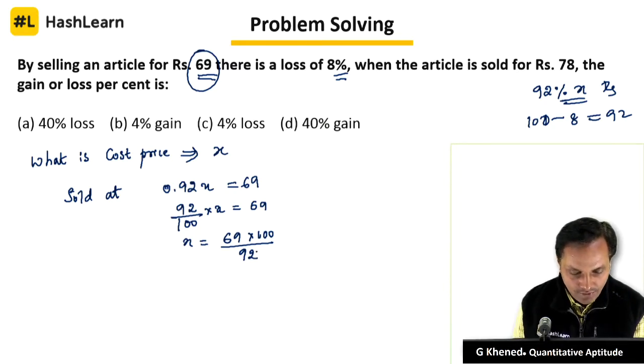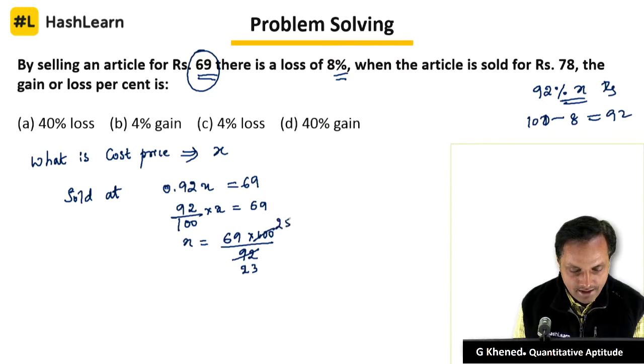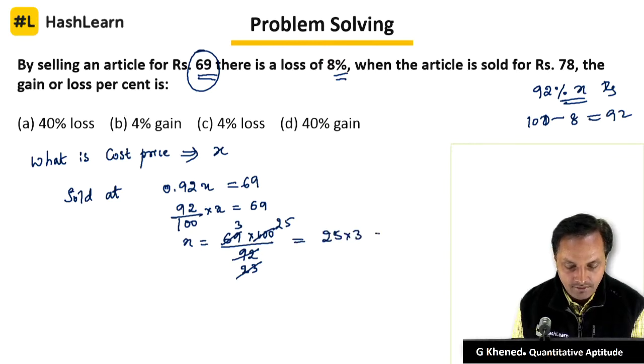So this will go in: 4 1s are 4, 4 2s are 8, 4 3s are 12, 4 25s are 100. So 23 into 3, that will be equal to 25 into 3, which gives you 75 rupees.